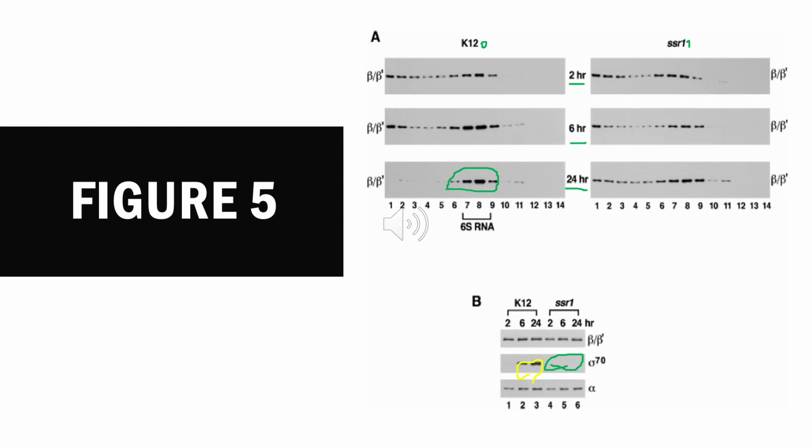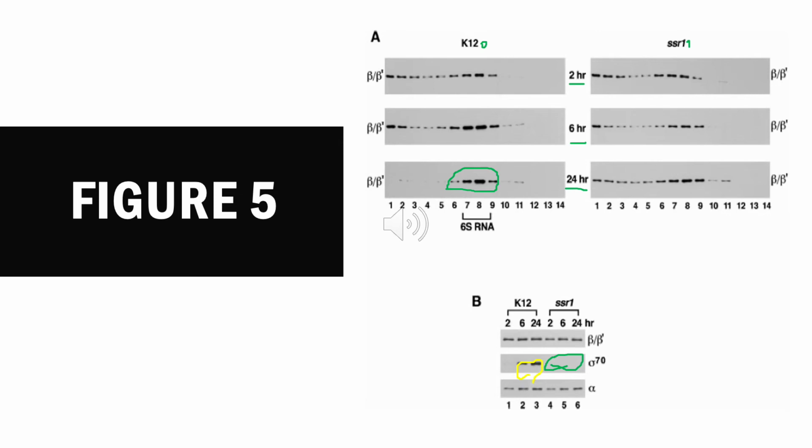So in part B, going down to part B, we don't see any sigma 70 subunit in the SSR1 cell. That's the green circle. You can see there's nothing there.